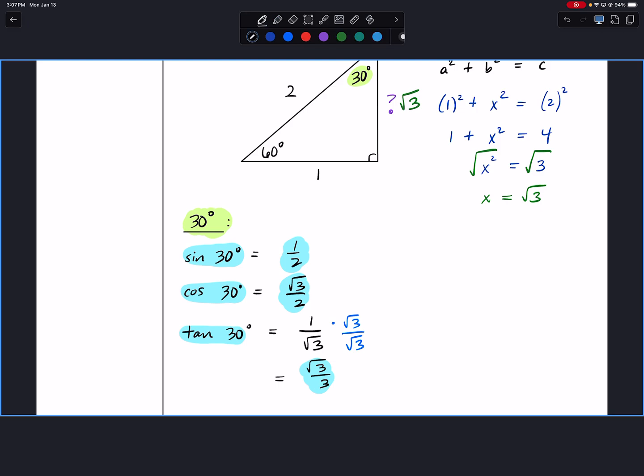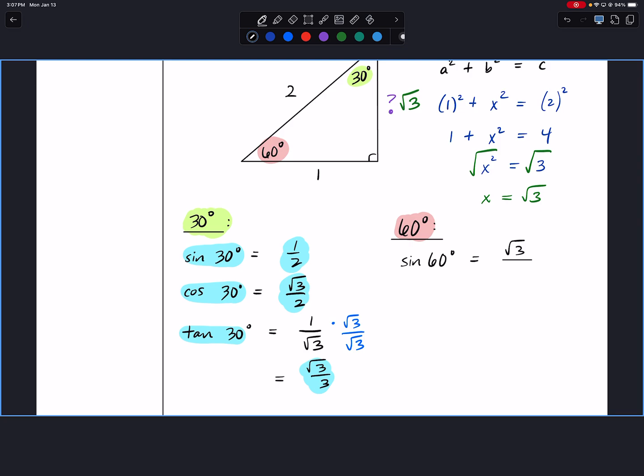60 degrees. What side is opposite 60 degrees? Root 3. So opposite would be root 3. Does the hypotenuse change?